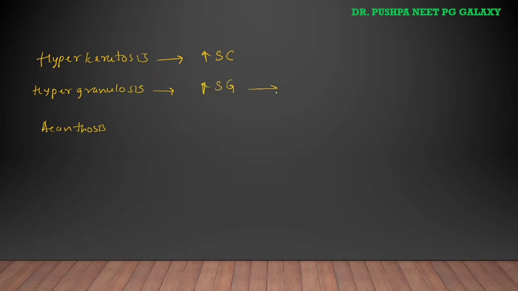This is usually seen in lichen planus. Acanthosis means there is thick stratum spinosum. Acanthosis means spine. It is seen in lichen planus, eczema, and in case of psoriasis.